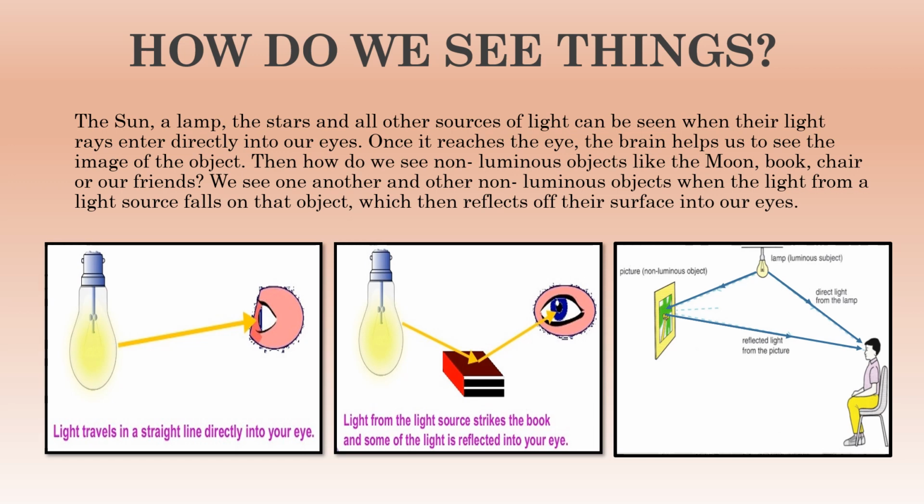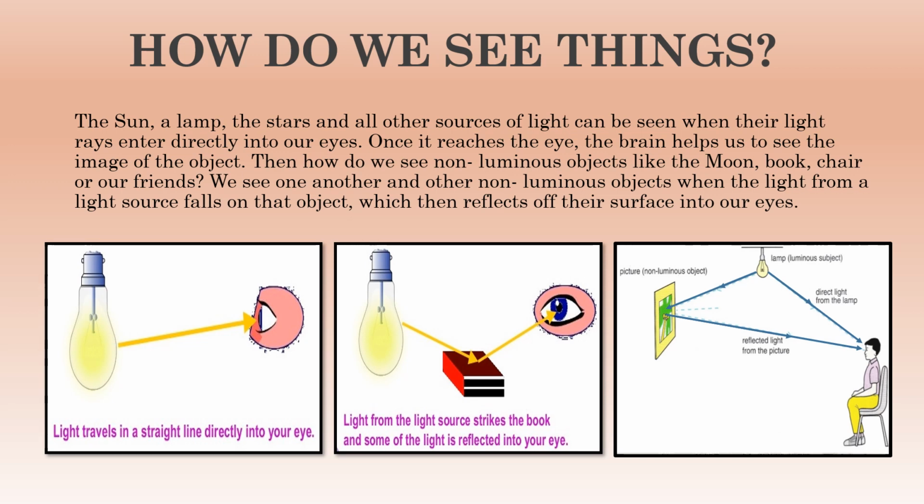Let us see. The sun, a lamp, the stars, and all other sources of light can be seen when their light rays enter directly into our eyes. You can see from the first figure that there is an electric bulb glowing, and the arrow shows the light ray that is emitted from the bulb.